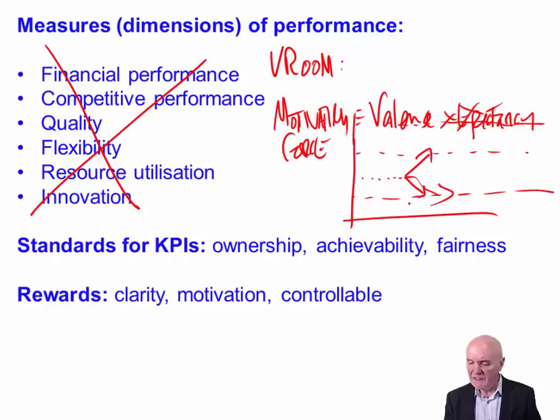Then it says, evaluate the standards and rewards for the hotel manager's performance. So standards, Fitzgerald and Moon says that when you're setting targets, the person to whom you're setting the targets should feel an ownership of those, which really means that you buy into them, okay?